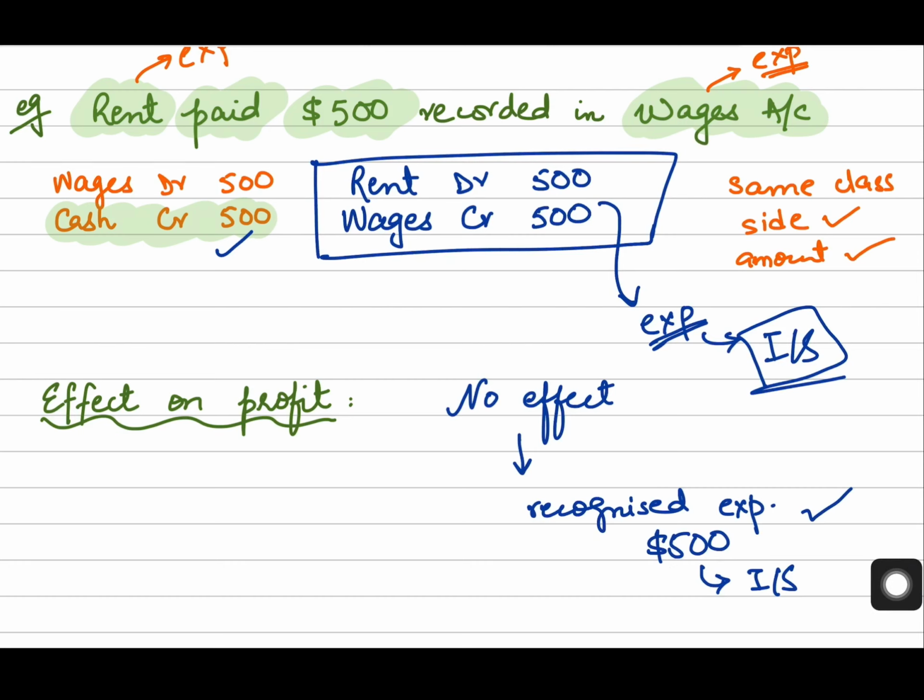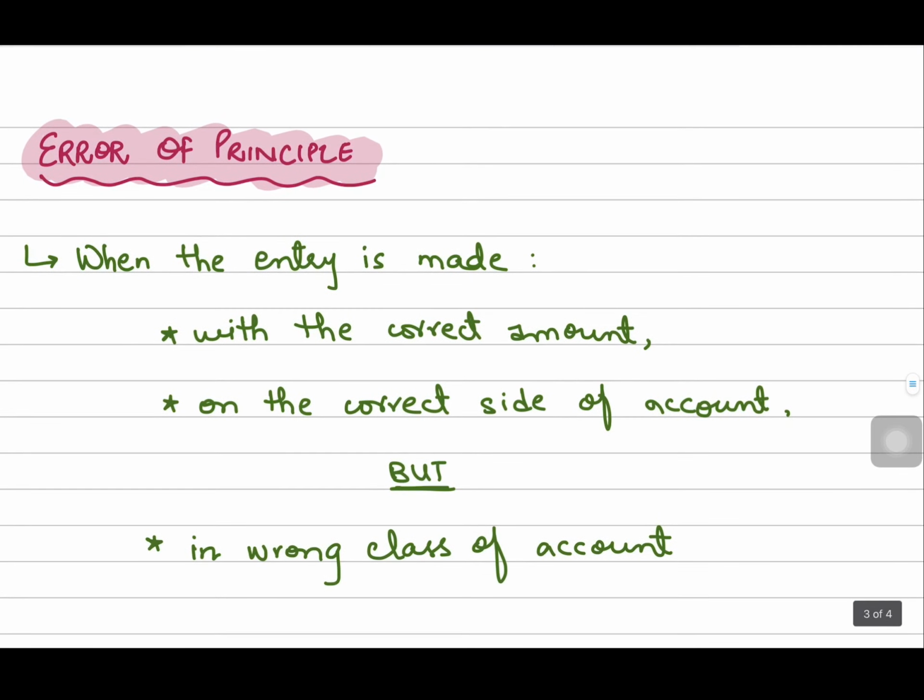So that is why, of course, it will affect the individual accounts, that is you are eliminating 500 from wages and then recognizing them in rent. So it will affect the individual accounts, but there will be no effect on the profit after the correction of this error.